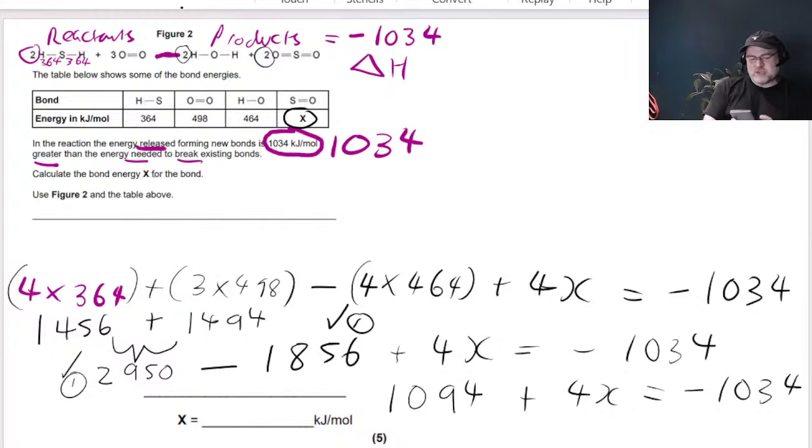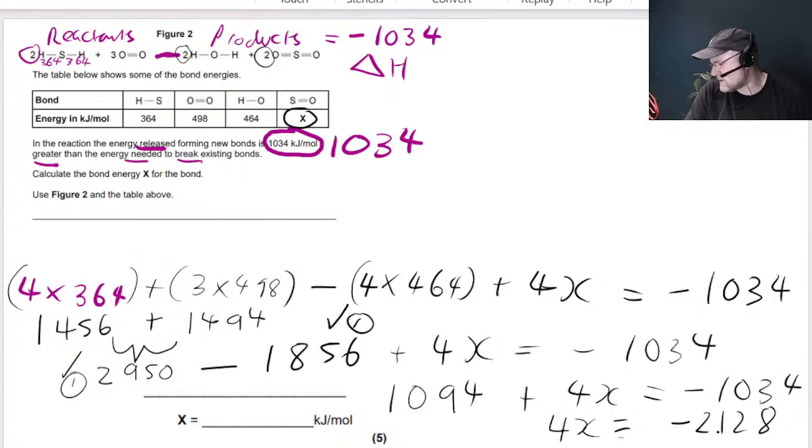By taking that from each side, oh gosh, I hope I got this right. This looks disgustingly bad. That equals 4x equal to, oh, I hope I got this right, folks.